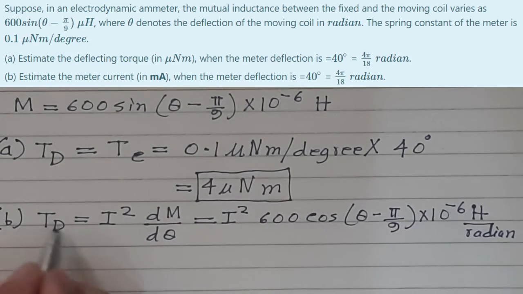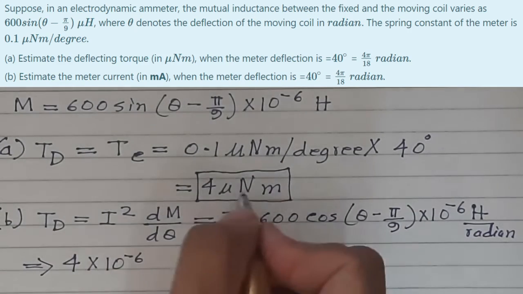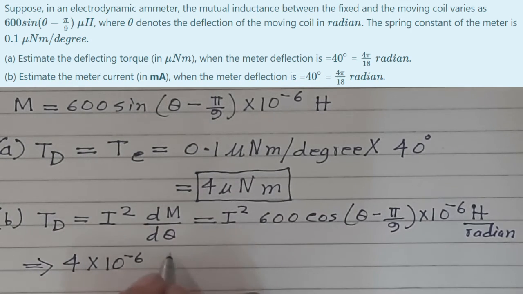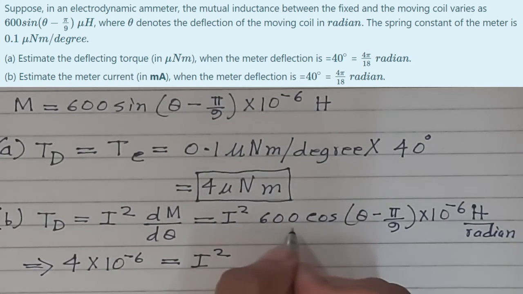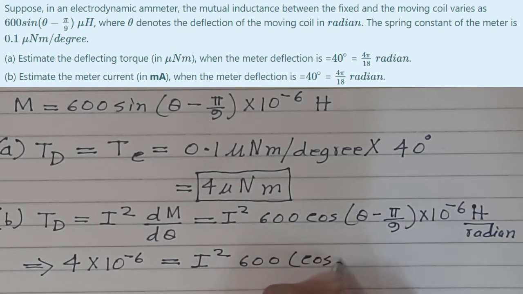And I squared I will keep as it is. Now the deflecting torque T_D, we have already found to be 4 micro Newton meter, so 4 into 10 to the power minus 6 Newton meter, that is in SI unit. This is equal to I squared into 600 cos(theta minus pi by 9) into 10 to the power minus 6.